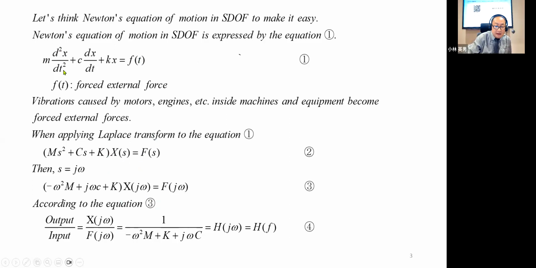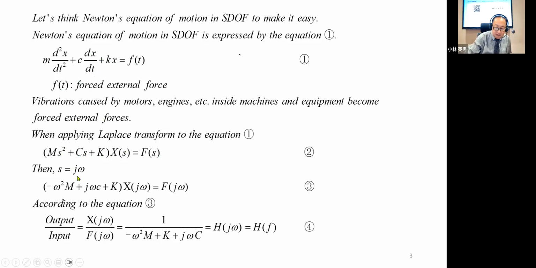Differentiation by time once becomes s. This x is the distance, differentiated by time twice. So once it just becomes s, and twice becomes s squared. So c times dx/dt becomes s. k x is just k, and x, the distance, becomes X(s). F(t) becomes F(s).